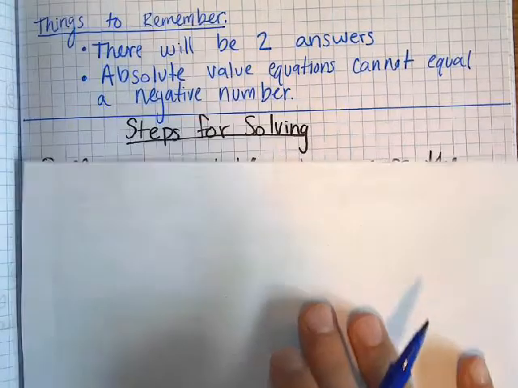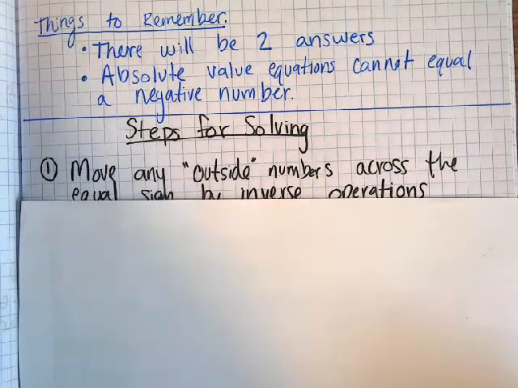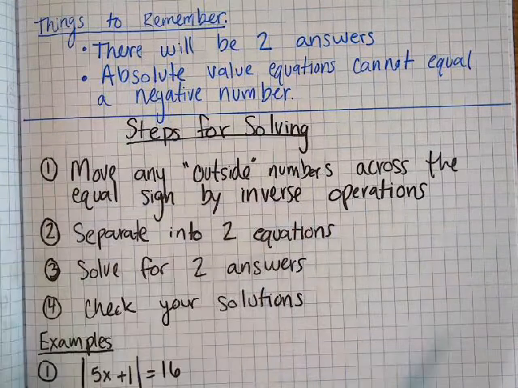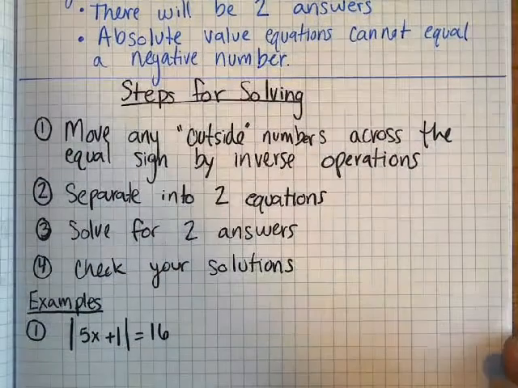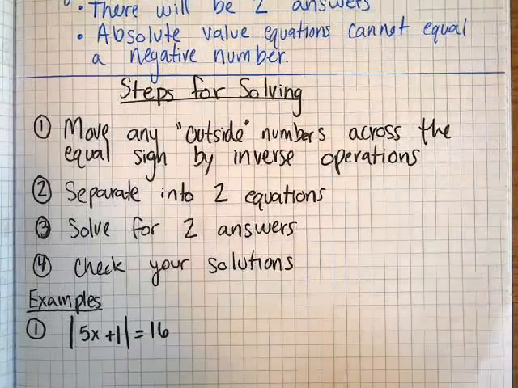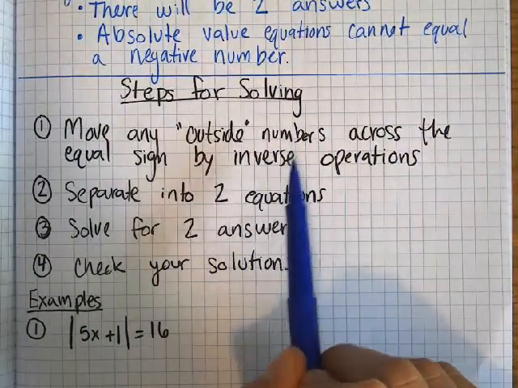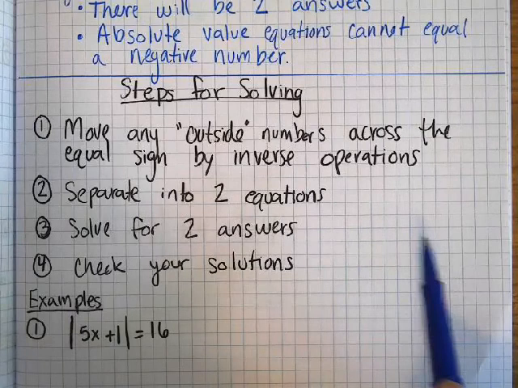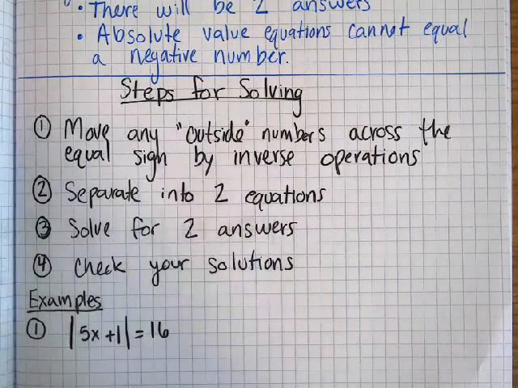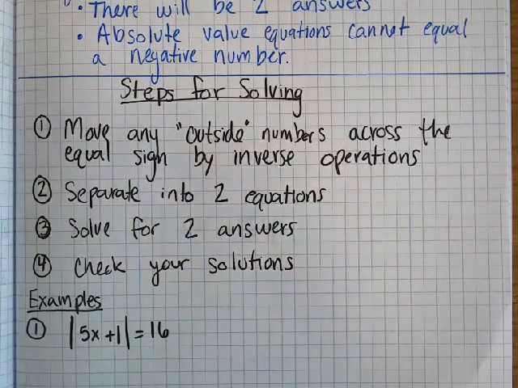So here are our steps for solving. These are our basic steps that will help us whenever we're solving any sort of absolute value problem. The first thing is move any outside numbers across the equal sign by inverse operations. That would be if I had my absolute value and then I had +7 or times 3.